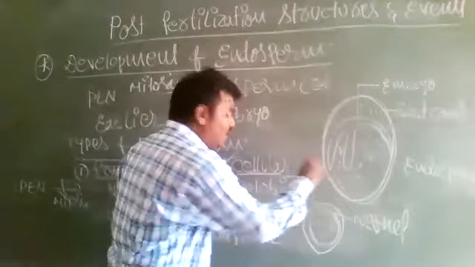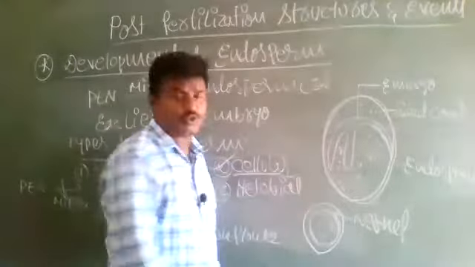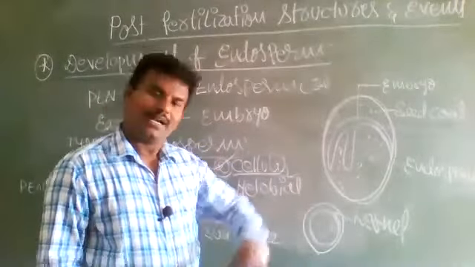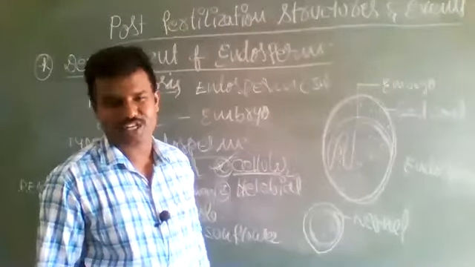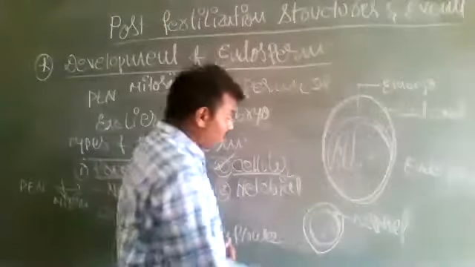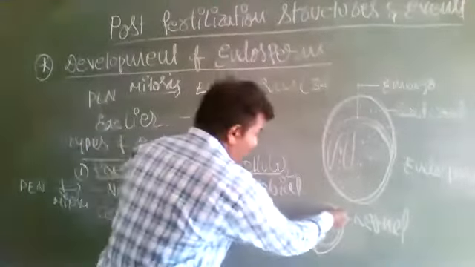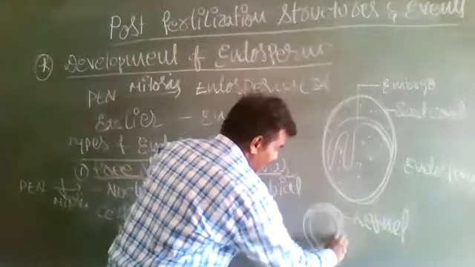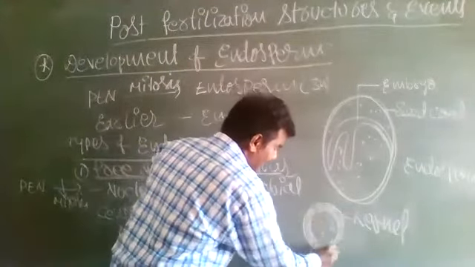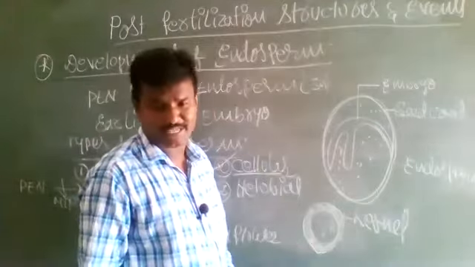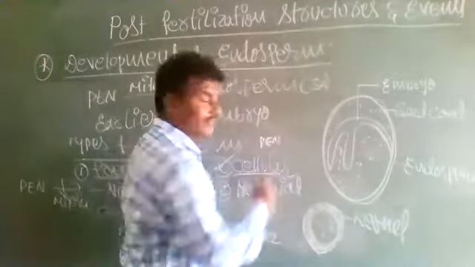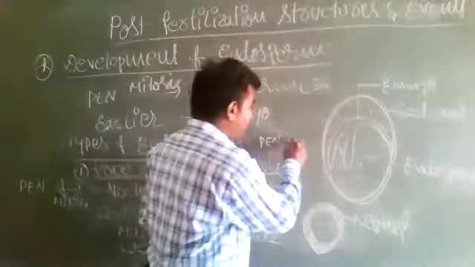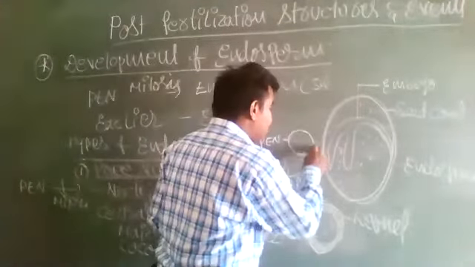For the cellular endosperm, another type of explanation is also there. What is that? A thick wall is formed after the division of the primary endosperm nucleus. The primary endosperm nucleus divides by a number of divisions and forms a thick wall.